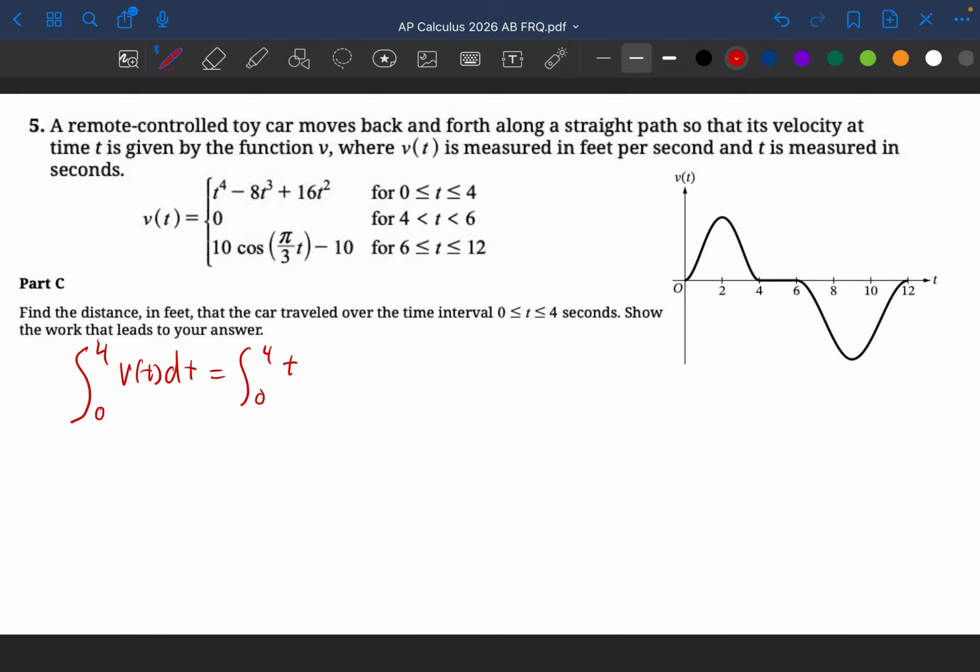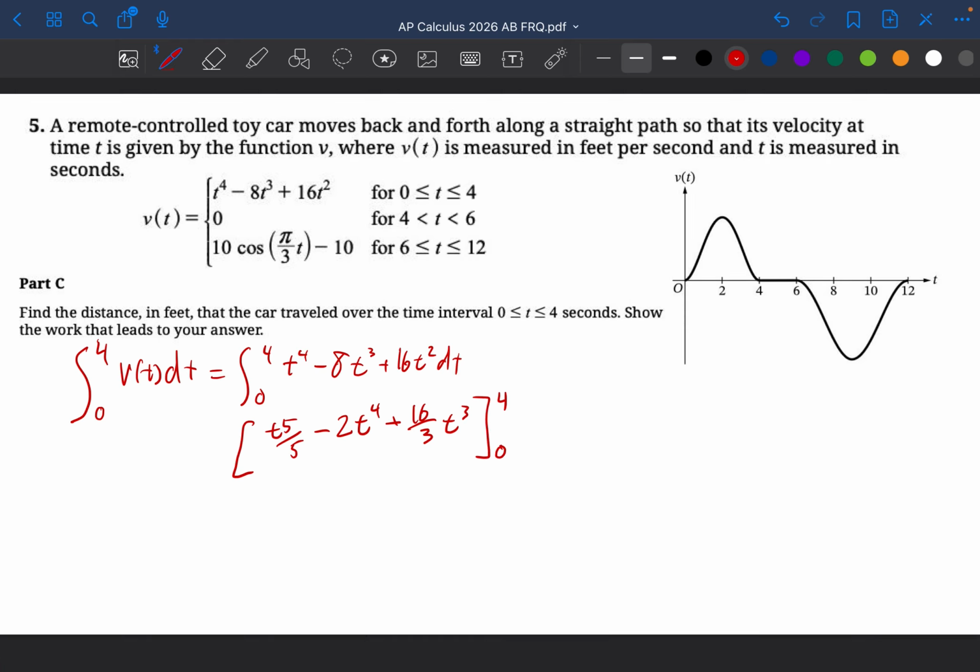So we are going to have to take the antiderivative of this. When we do, we have t to the 5th over 5 minus 2t to the 4th plus 16 over 3 t to the 3rd.